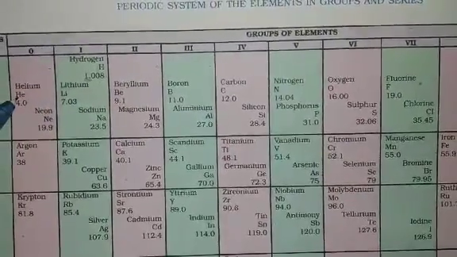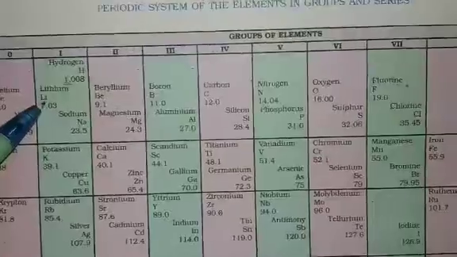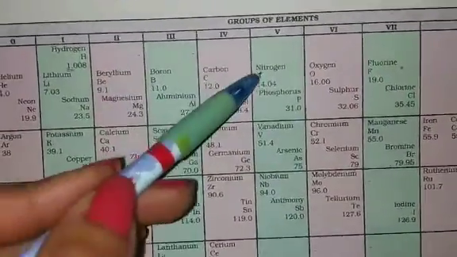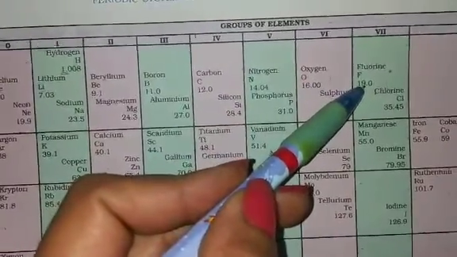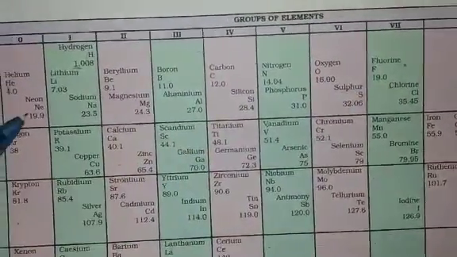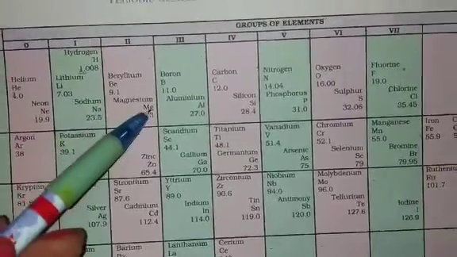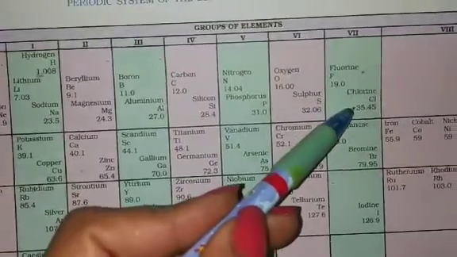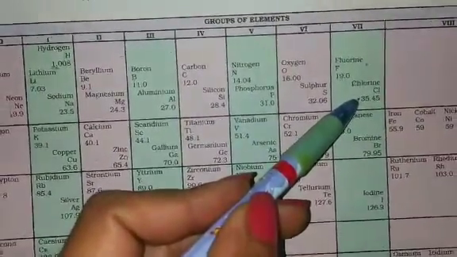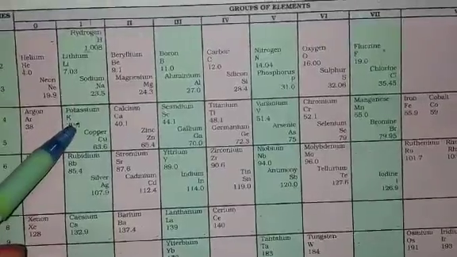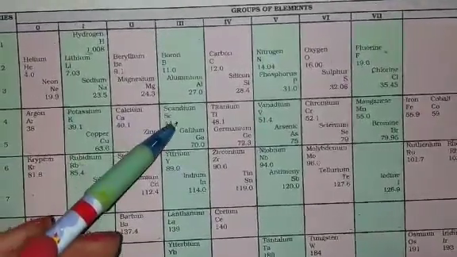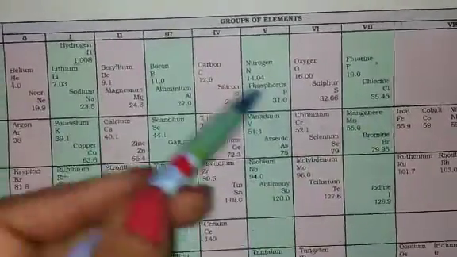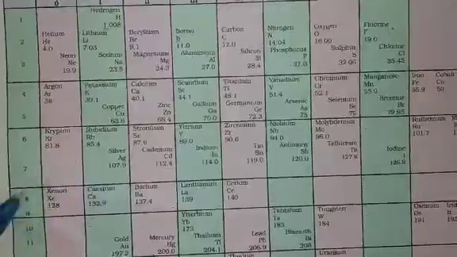Next was helium, lithium, beryllium, boron, and then carbon, nitrogen, oxygen, fluorine, and then neon, sodium, magnesium, aluminium, silicon, phosphorus, sulfur, chlorine, argon, potassium, calcium, scandium, titanium, vanadium, chromium, and so on. He arranged all these elements according to their increasing atomic masses.